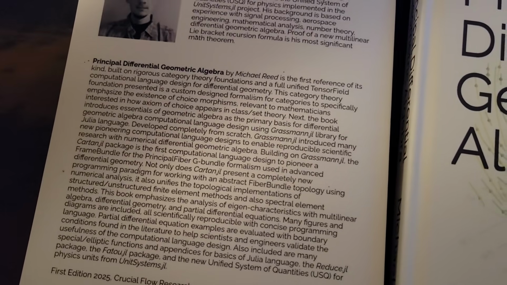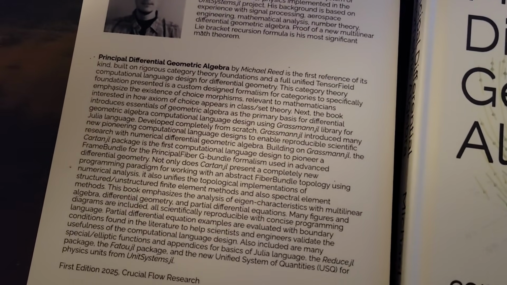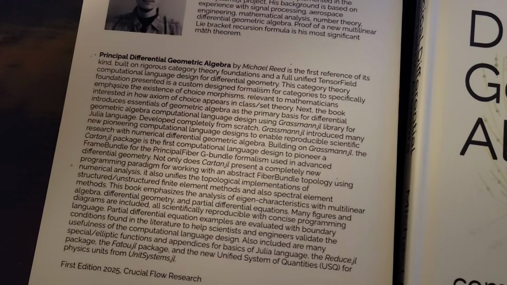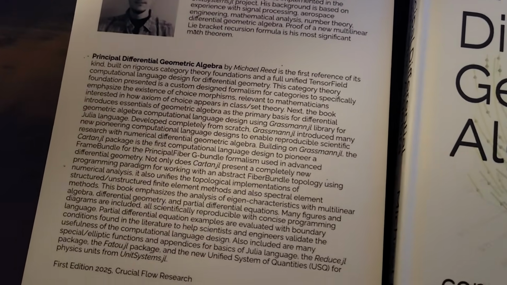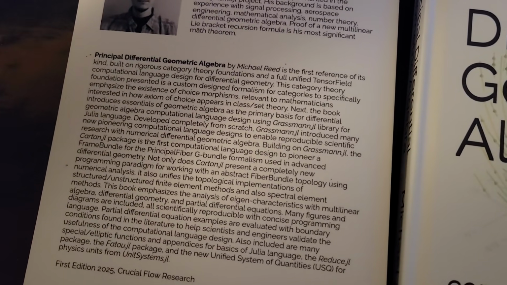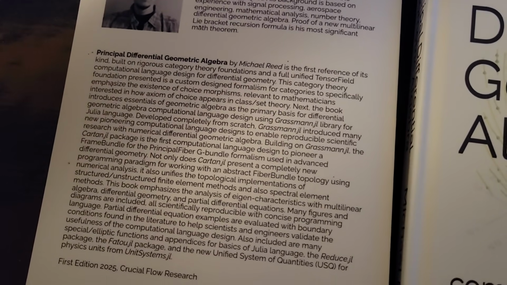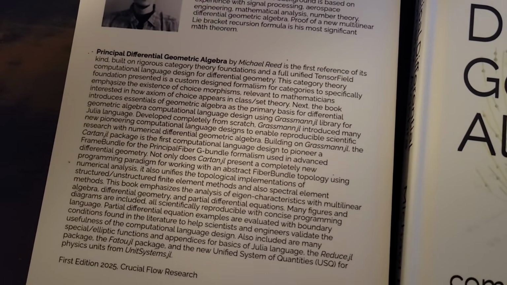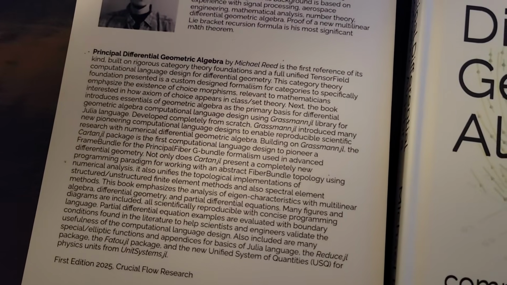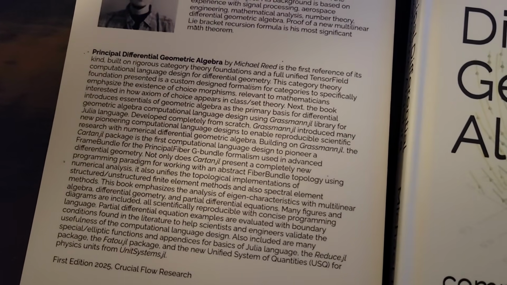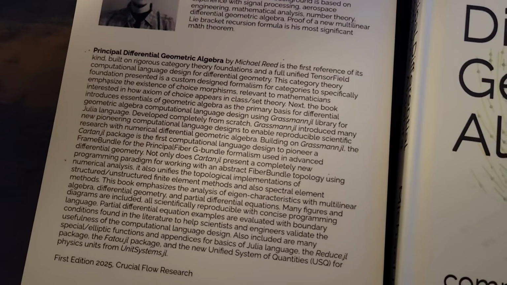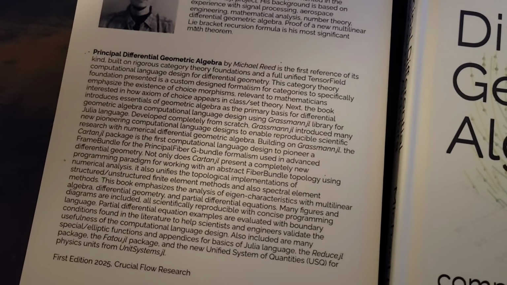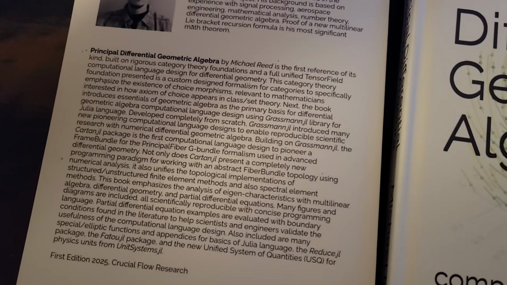Building on Grassmann.jl, the Cartan package is the first computational language design to pioneer a FrameBundle for the PrincipalFiber G-bundle formalism used in advanced differential geometry. Not only does Cartan.jl present completely new programming paradigms for working with an abstract FiberBundle topology using numerical analysis, it also unifies the topological implementations of structured and unstructured finite element methods and also spectral element methods.